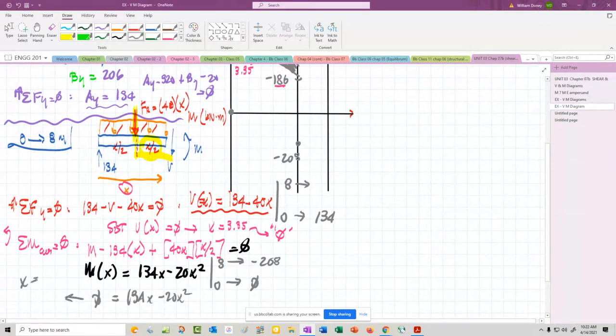We'll get x equals 0 as a root, and x equals 134 divided by 20, 6.7. So at a distance of 6.7 over, this is going to cross the 0 mark. If we take the derivative and set it equal to 0, we can find the maximum, and we'll find out that it's going to do this.